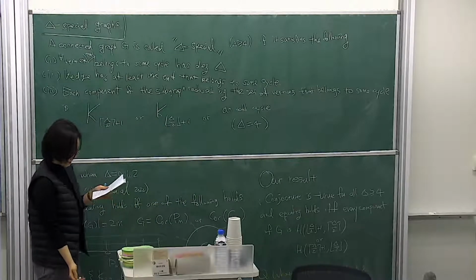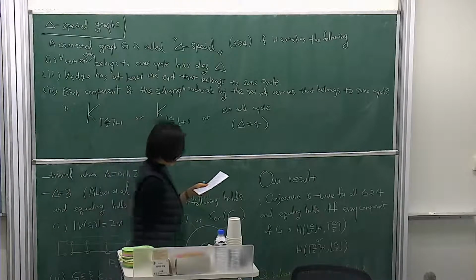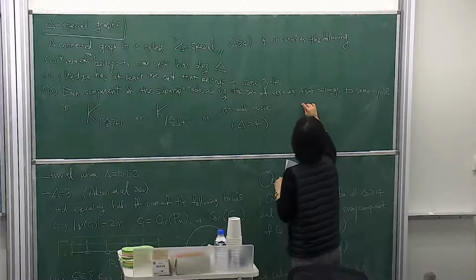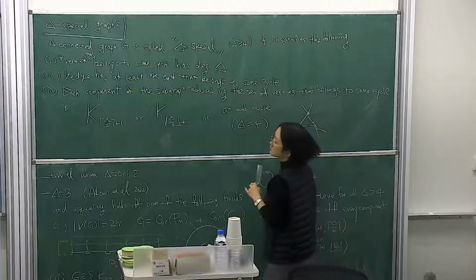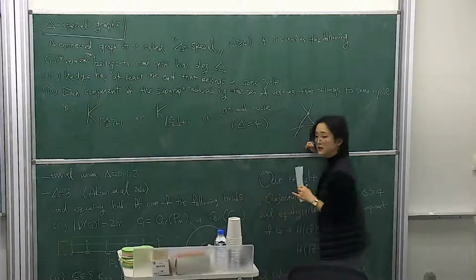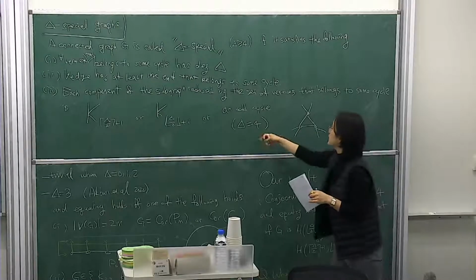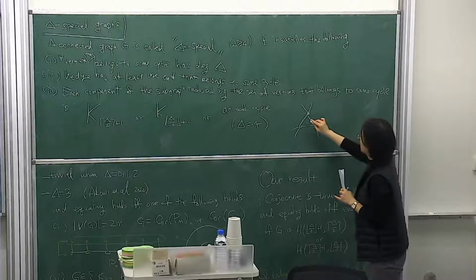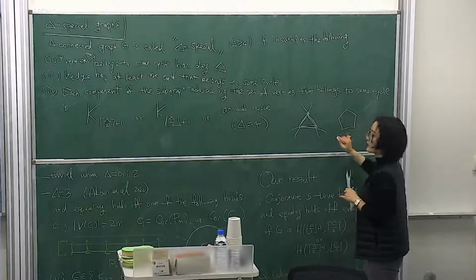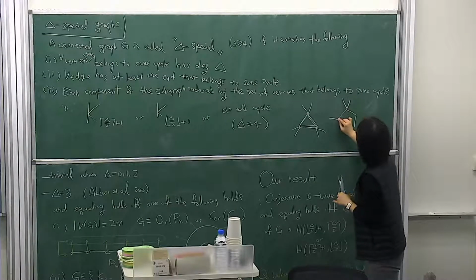So for delta equals 4, this graph looks like this, but here we also consider not only the triangle but also C5, and then add 2 to each vertex.